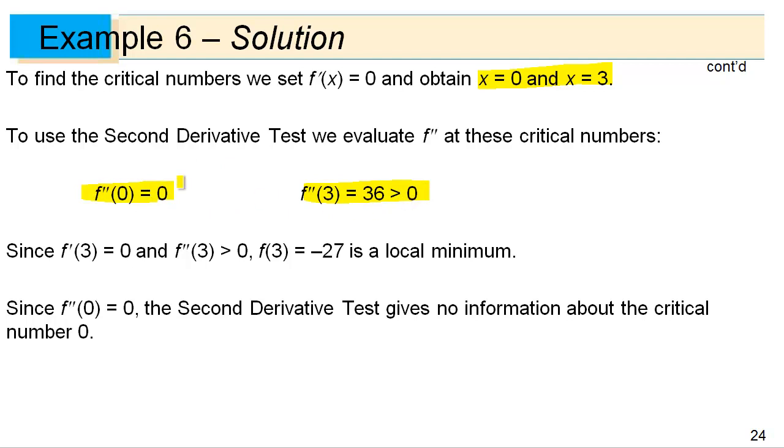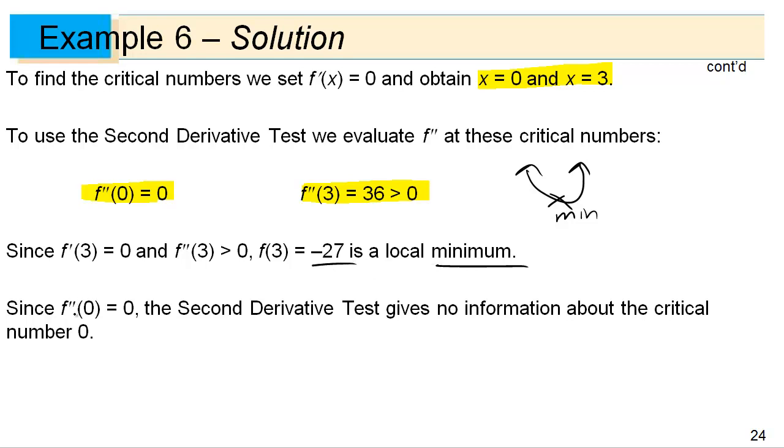Well, because 0 doesn't tell us anything, we don't know what's happening there. But because 36 is positive, and positive tells us the function is concave up, that means this has to be a minimum. So we just found that f of 3, if we plug 3 back into the original function, gives negative 27. That's a minimum.